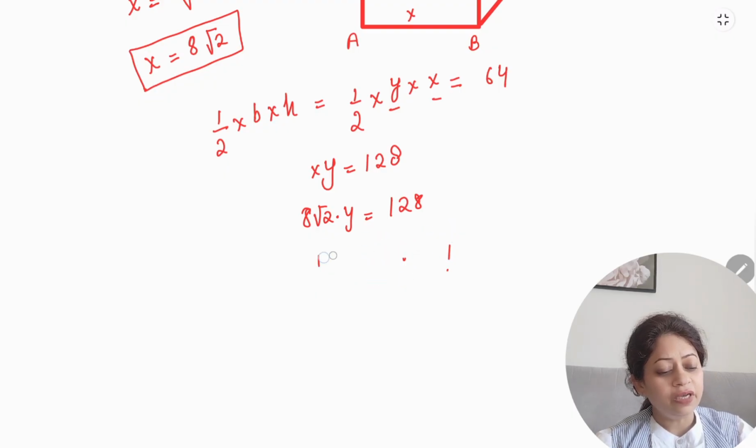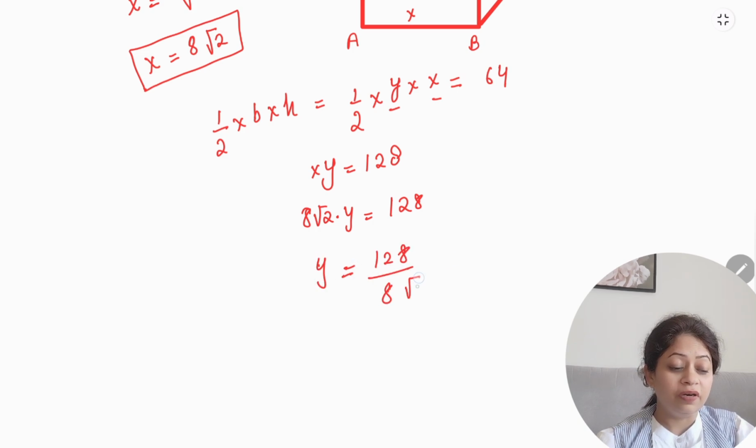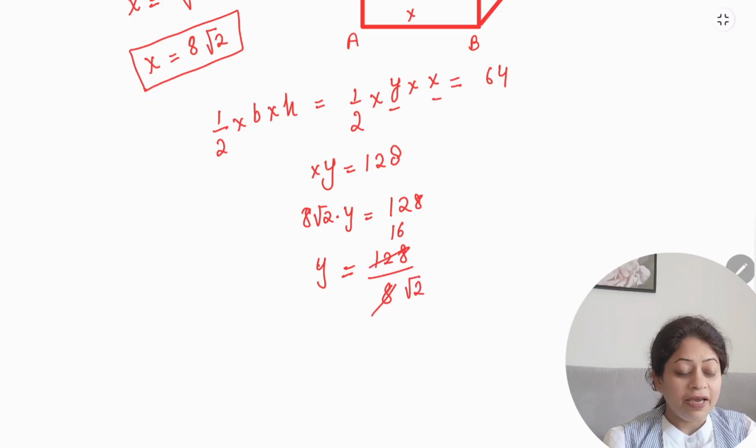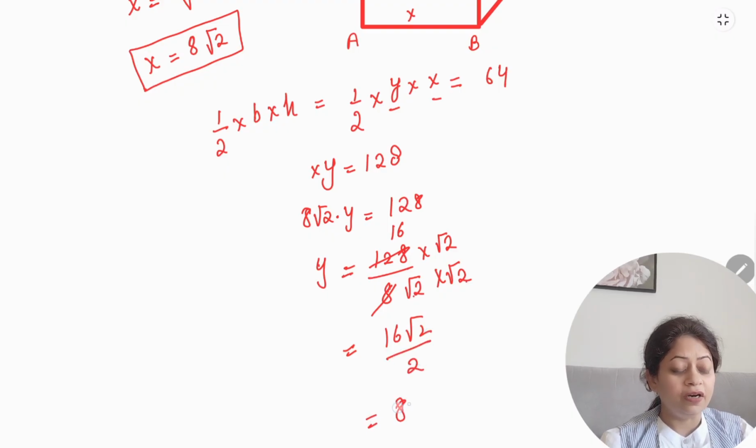So y will be equal to 128 divided by 8 under root 2, right? If you divide it, you will get 16, right? And whenever we have under root 2 in the denominator, we always rationalize, right? So we will get 16 under root 2, and under root 2 times under root 2 is 2, and then you will get 8 under root 2.